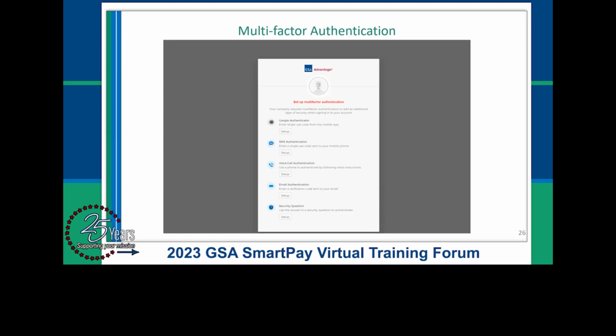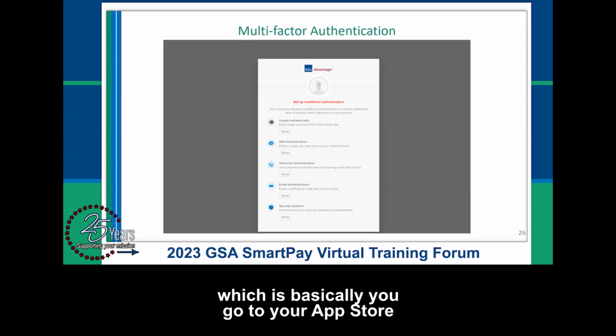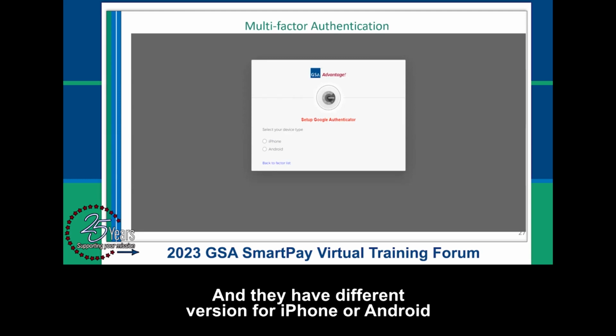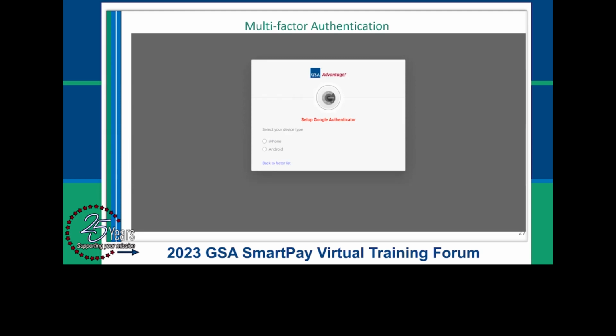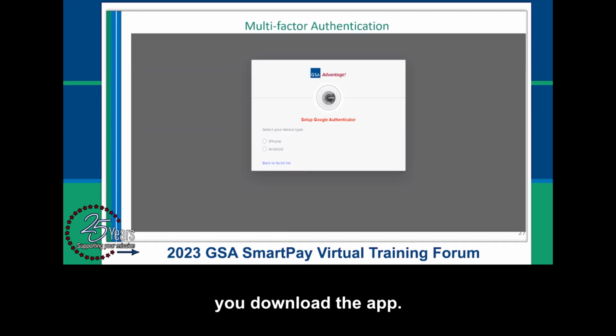But we're going to go through the Google Authenticator application, which is basically you go to your app store and download the Google Authenticator app, and they have different versions for iPhone or Android, depending on what you use. So you download, you have to indicate which type of phone you have. You download the app.